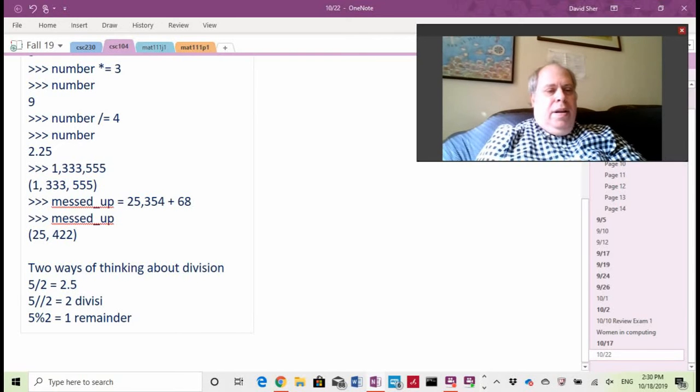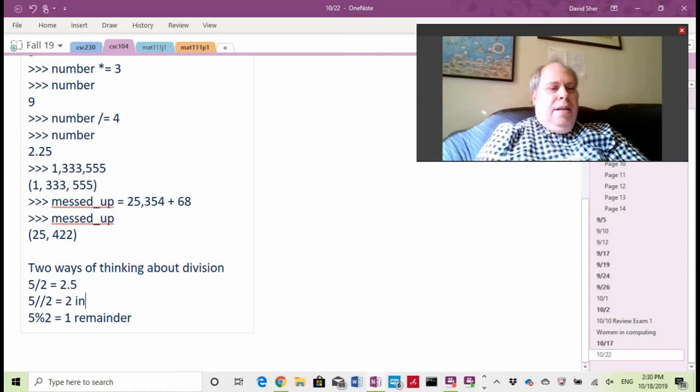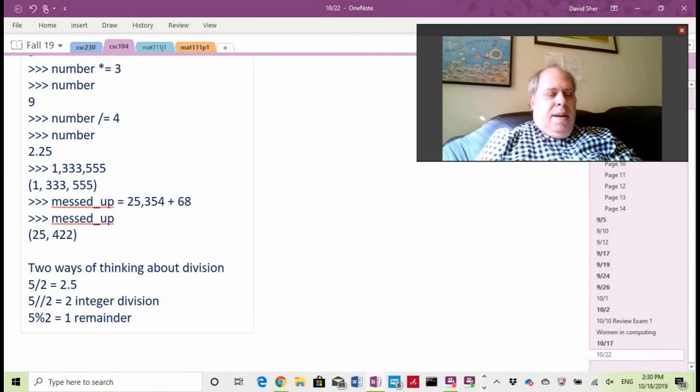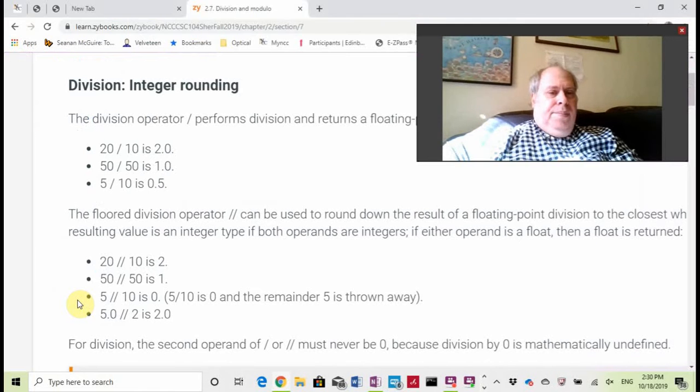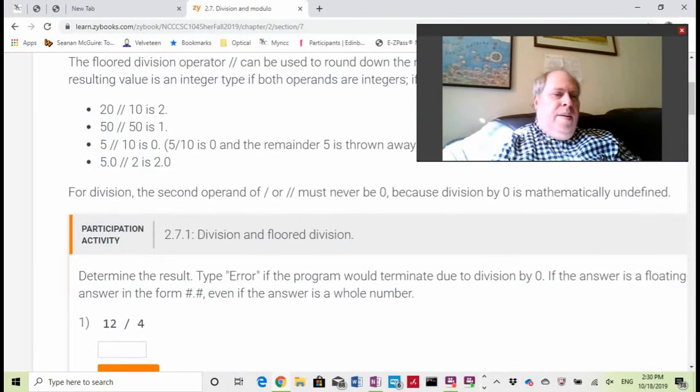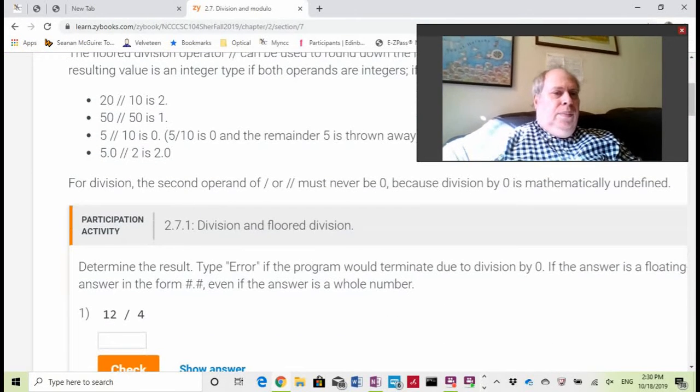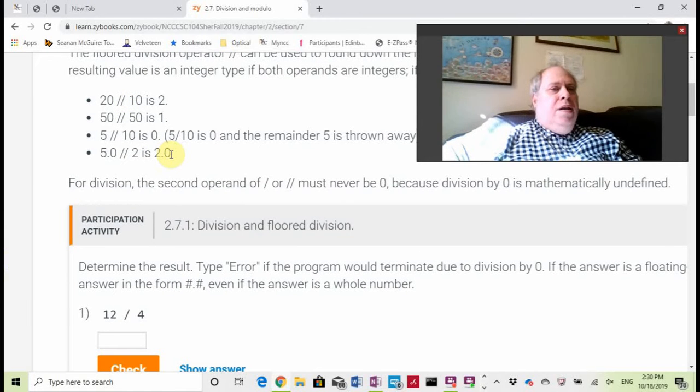This is what we call integer division, and this is the remainder. So this always returns an integer, even if the numbers are floating point. It's the integer that says how many times this can go into that.